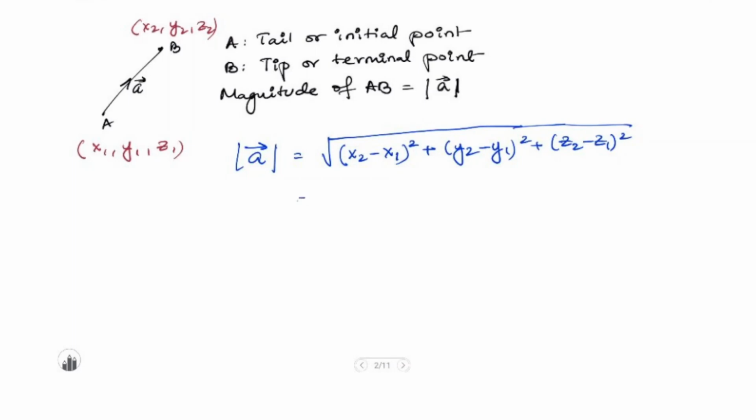That leads us to square root of a1 squared plus a2 squared plus a3 squared.